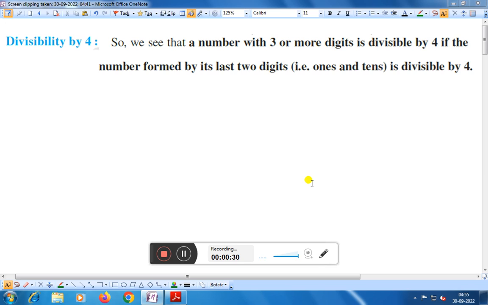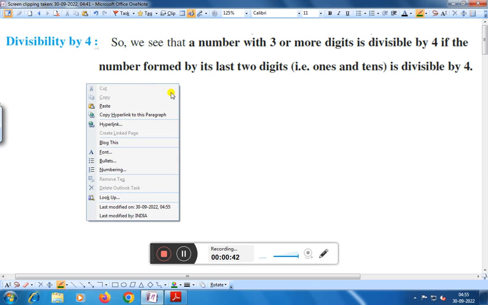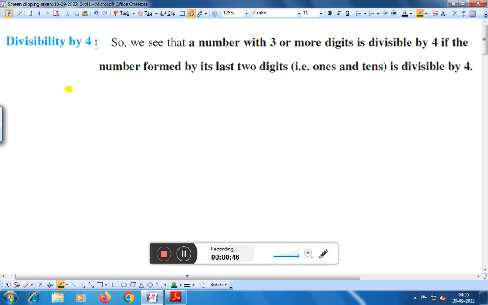For example, let us take 212. Now, the last two digits are 12, and 12 is divisible by 4.